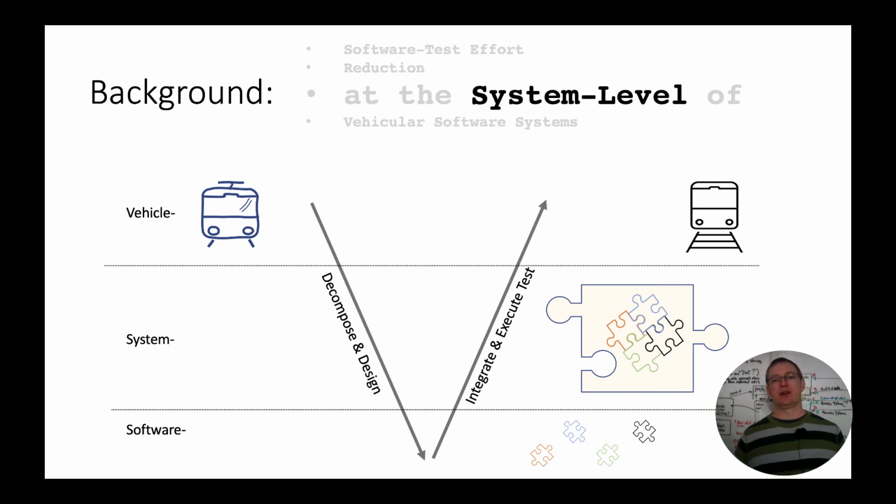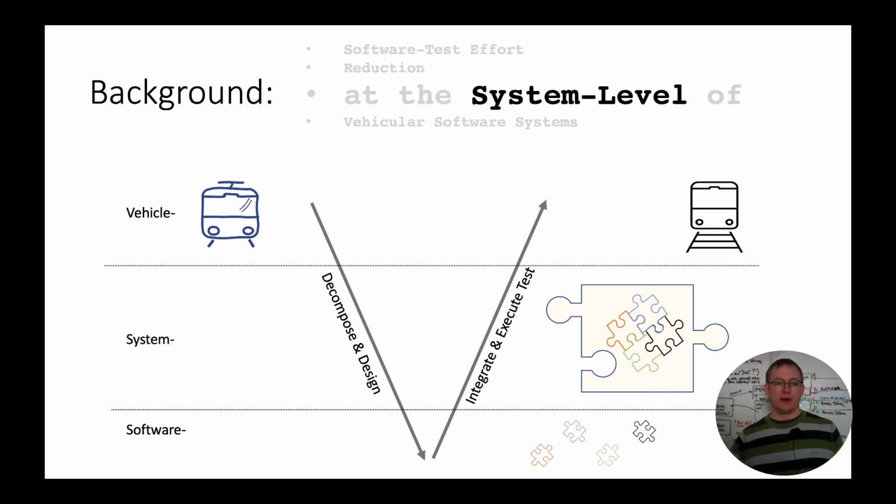And then you have to have a strategy to systematically assemble these pieces, test them, and eventually end up with a fully functioning train that you can run on rail. And usually you use something called the V model. And this is an illustration of the V model with three levels of abstraction.